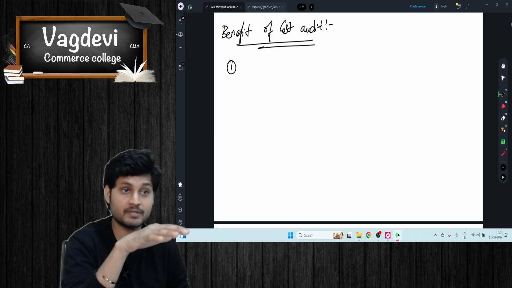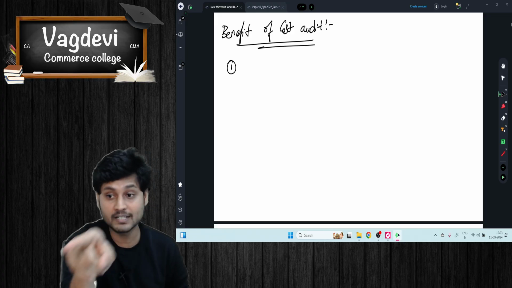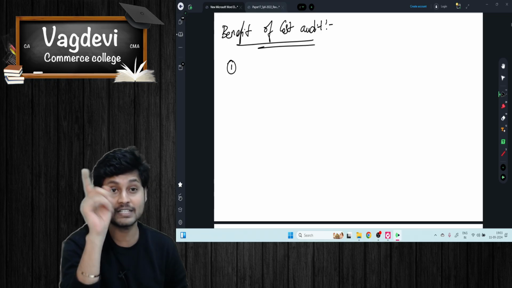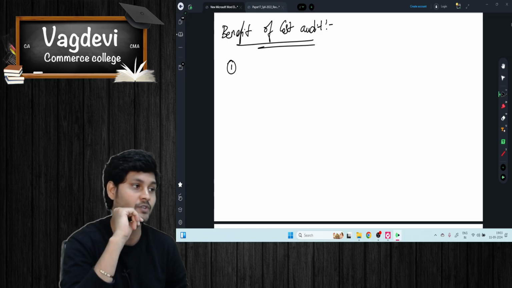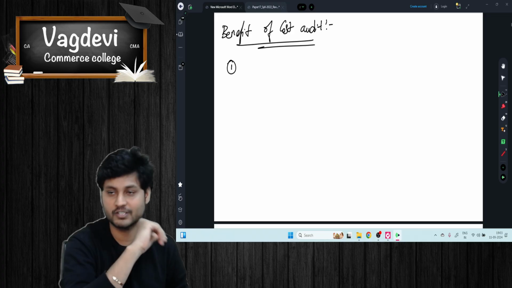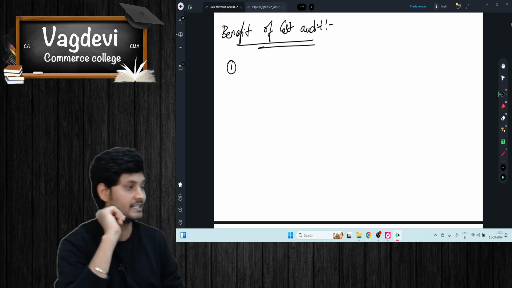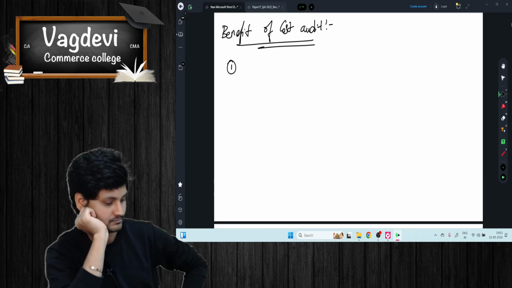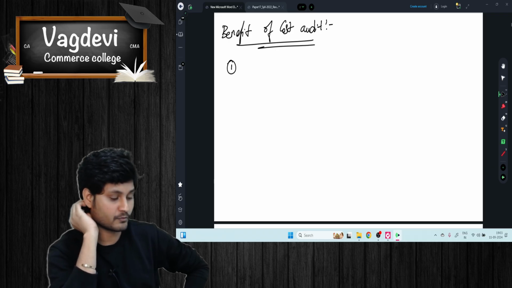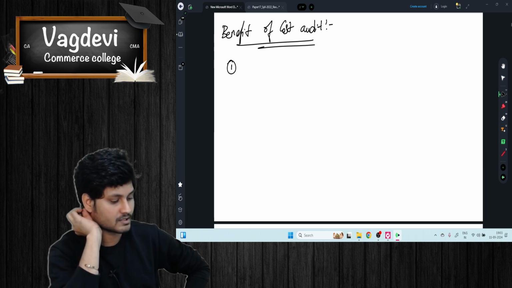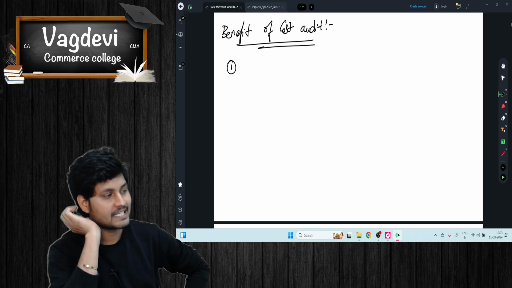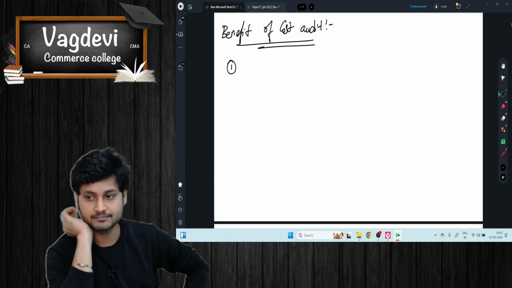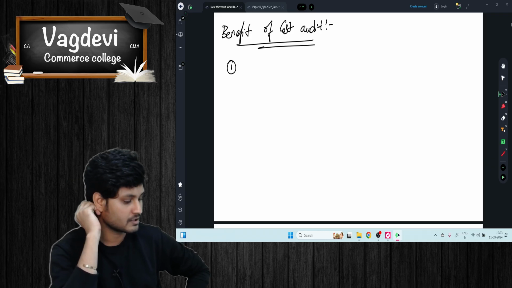I am now talking about 1956. 233B was the section we used to have for cost audit. And section 209 subsection 1 is for maintenance of cost records.